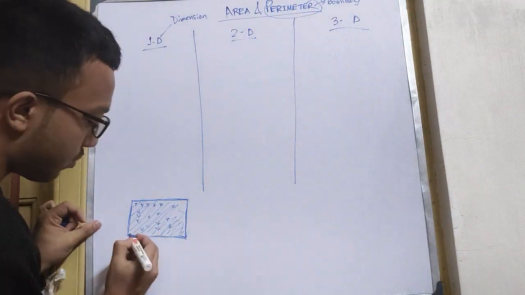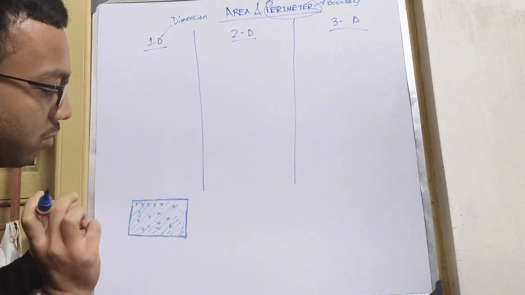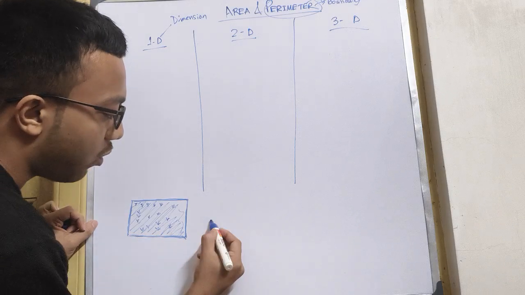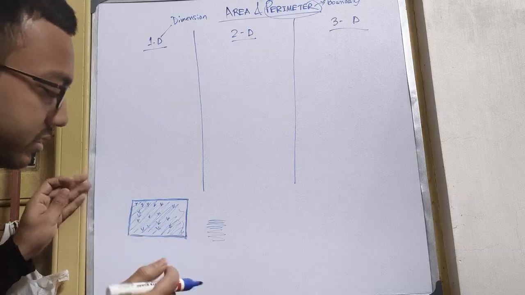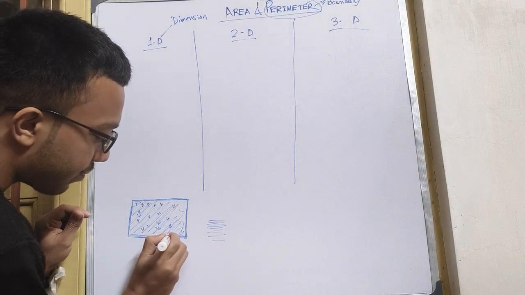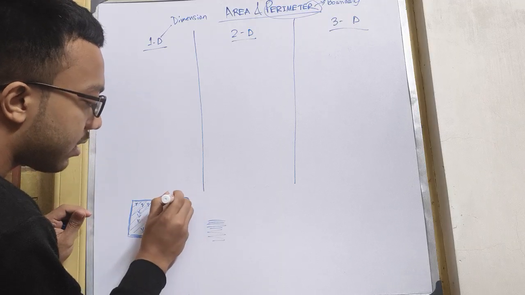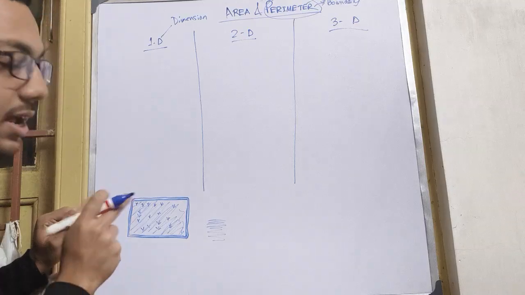If you observe closely, this is a single line, not a broad space. If I go through the border, it can be covered while going through a single line.